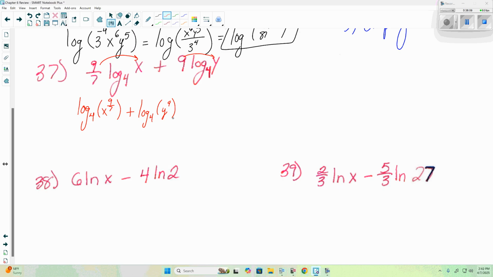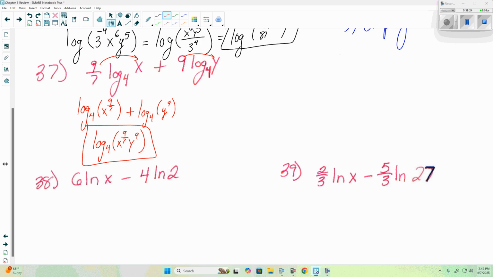Both the logs are being added together, so we can rewrite it as a single log with what's inside being multiplied. Telling us that we have log base 4 of x to the 9/7 times y to the 9th.